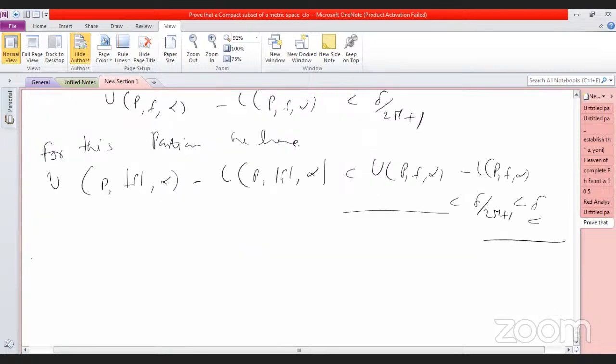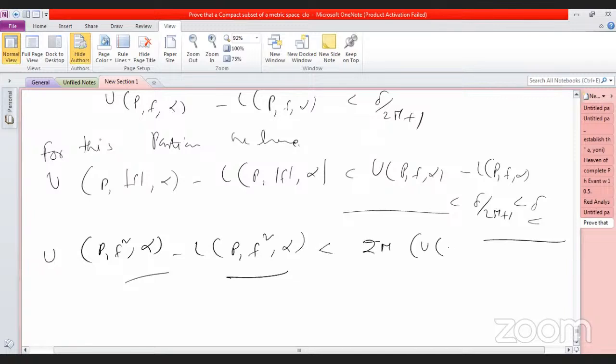Then again we write U(P, f square, alpha). The second condition is: U(P, f square, alpha) minus L(P, f square, alpha) is less than 2M times U(P, f, alpha) minus L(P, f, alpha), which is 2M delta by 2M plus 1.